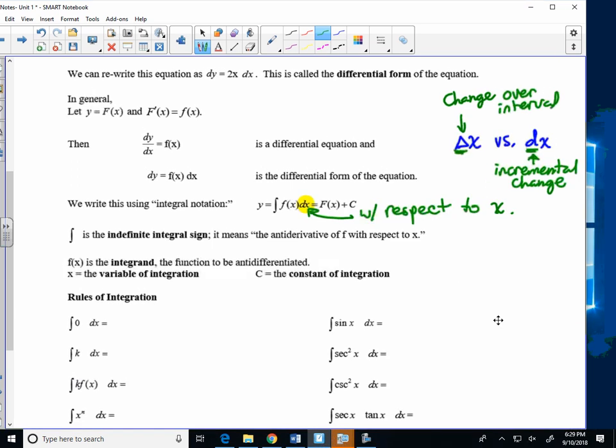All right, incremental change. You may have learned it as an instantaneous change, but what's an instant? How do we define an instant? I don't know. I kind of revised my way of thinking about things after I watched the Essence of Calculus series on YouTube. You know, there's a lot of good stuff out there. Some of it better than others, and some of it is good in bits and pieces.